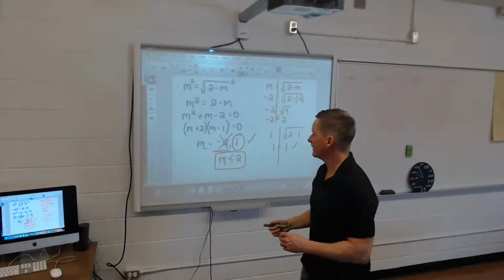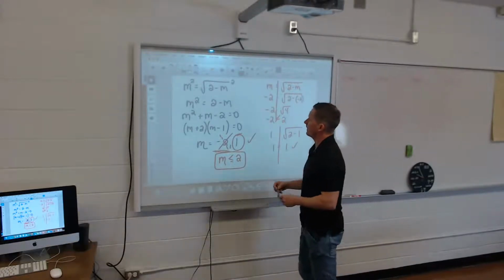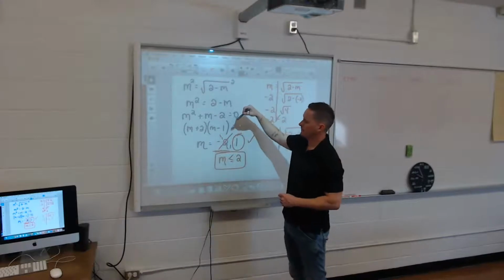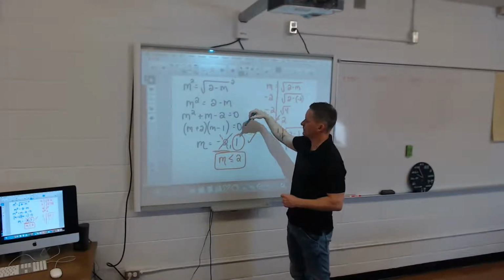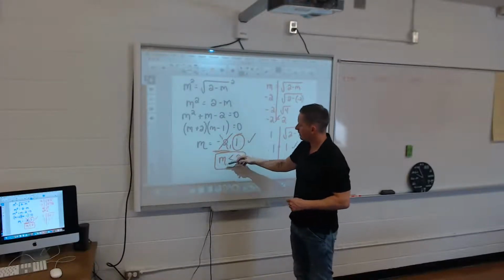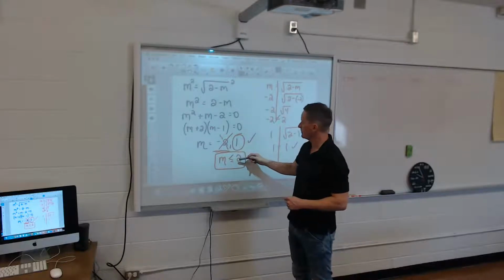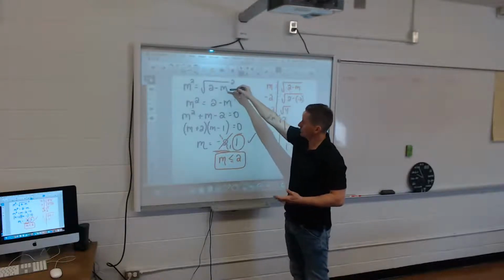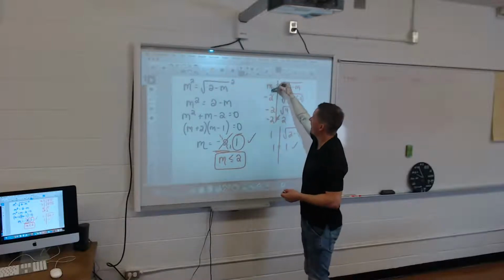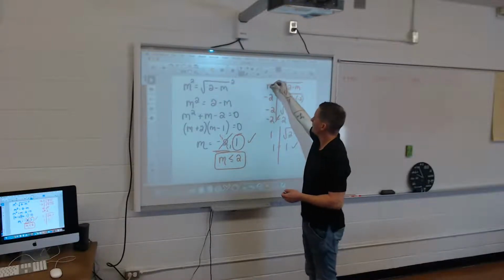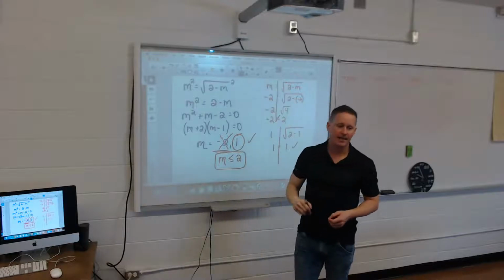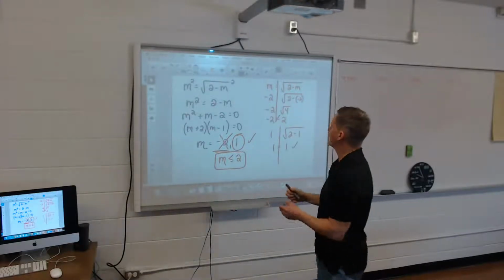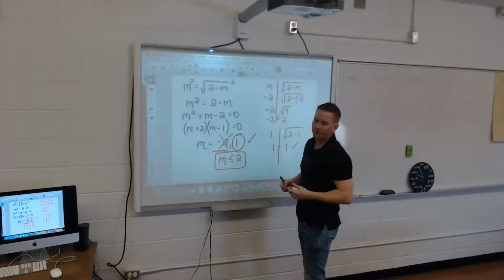They don't necessarily have to be negative. Let me find an example for you, because like I said here, m can be less than or equal to 2. So realistically, if this was a -3, that could happen. But because I have m right here, this m value on the outside, that value can't be a negative because it equals my rooted value.